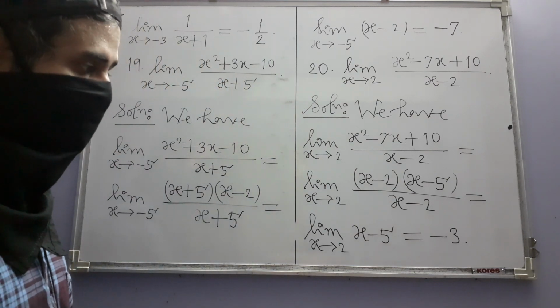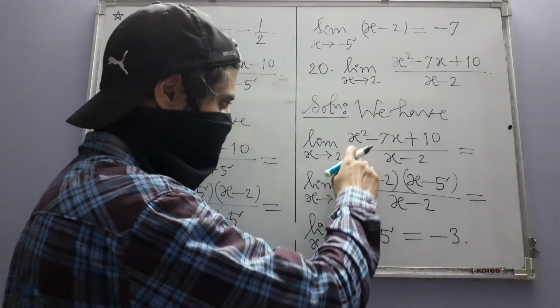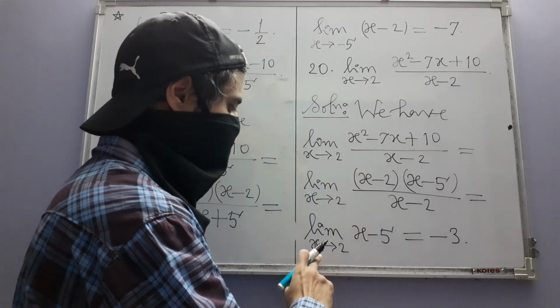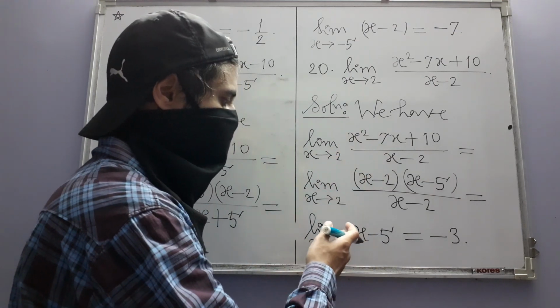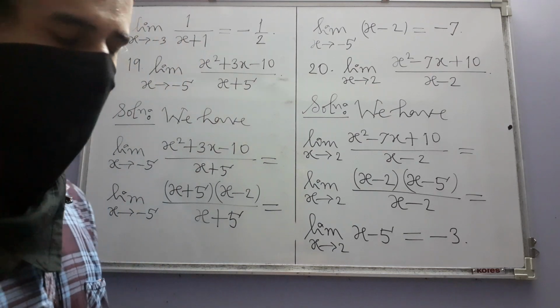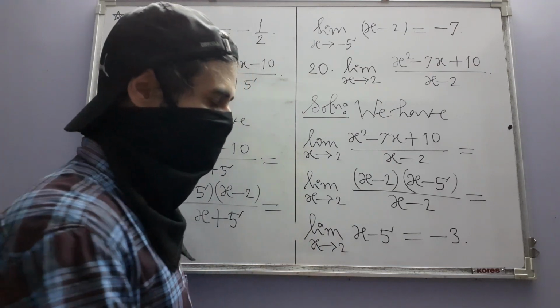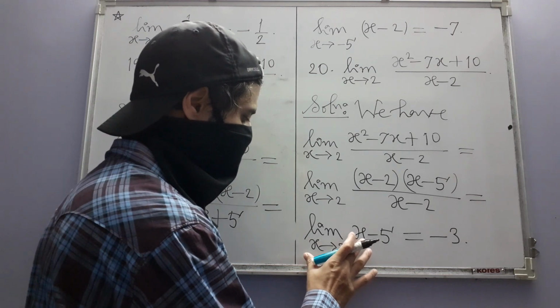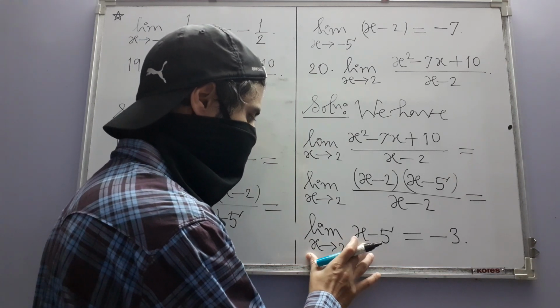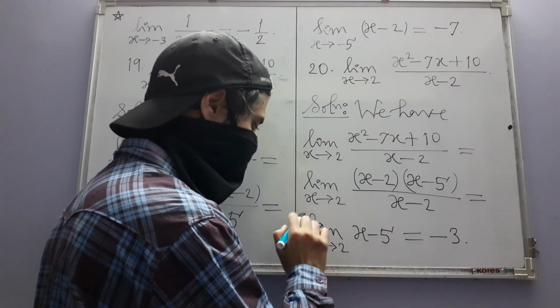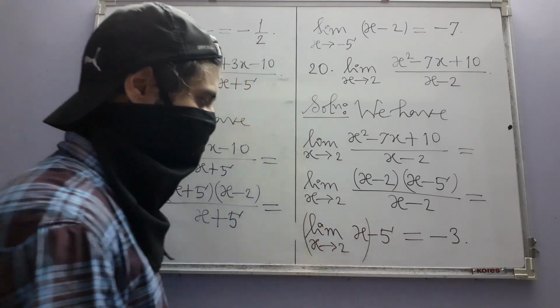Although we understand from how the process is going that this is the limit of x minus 5 as x approaches 2, strictly speaking, it can also be understood as the limit of x as x approaches 2, and then minus 5.